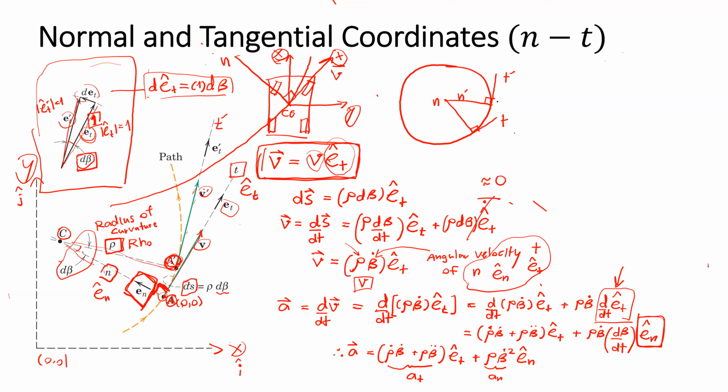If I try to bring this to this position, just slide the vector of t prime to this position, and the length of the unit vector is 1. The length of the unit vector is 1.